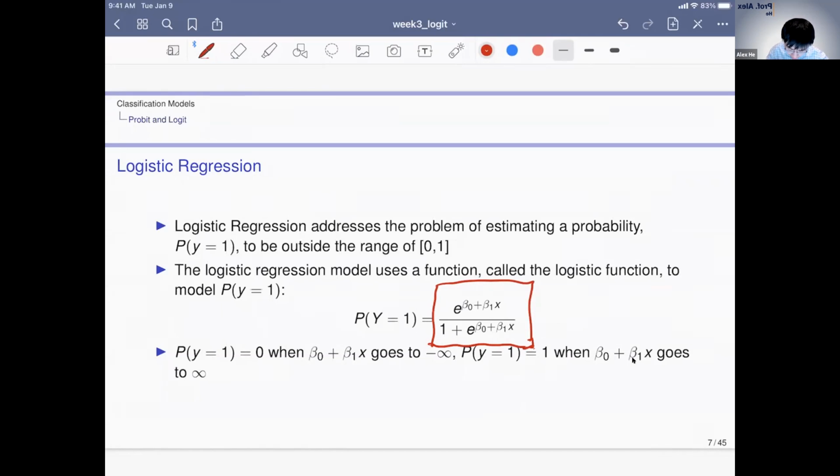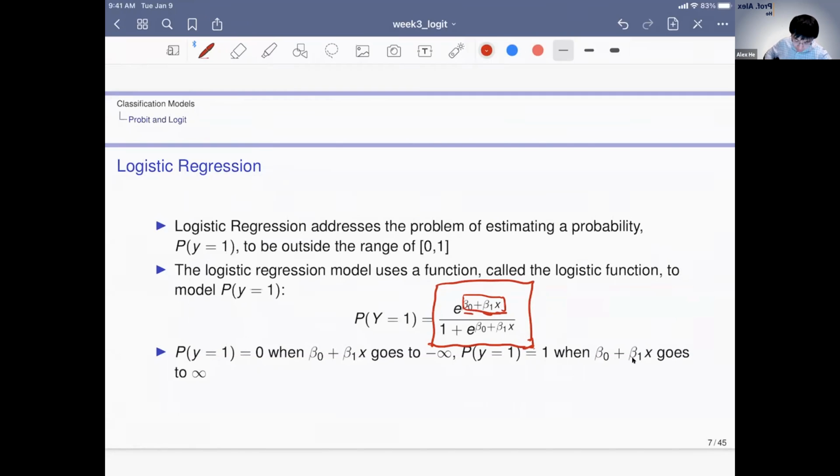We have the x here, okay? And there's a coefficient associated with the x, just like our regression coefficient. And then we add a constant, beta 0. If you look at this part, beta 0 plus beta 1x, it's just like a linear regression, right? So it's a linear function of x.